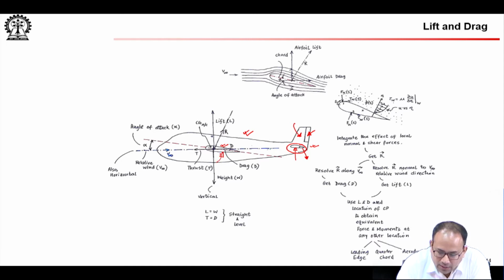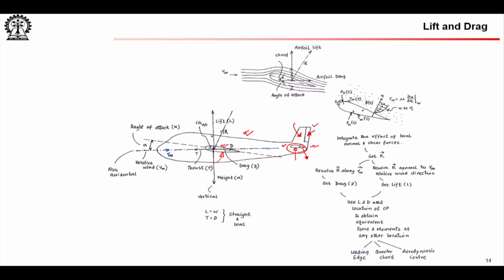Although there are small lift and drag forces generated by these control surfaces, this one will not generate lift force, but this one will generate a small amount of lift force, and in some cases it will actually be directed downwards rather than upwards, but nonetheless the purpose of these surfaces is really to provide moments.